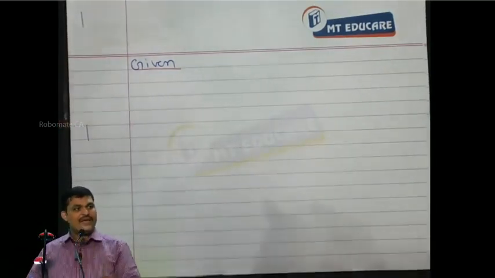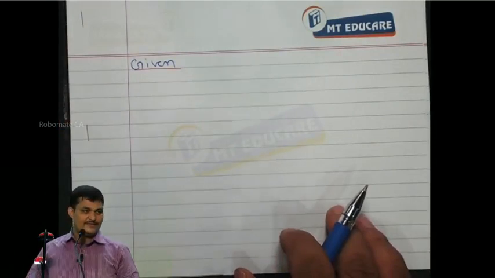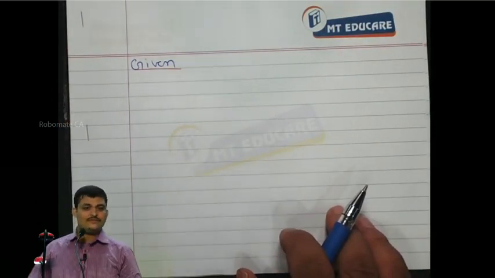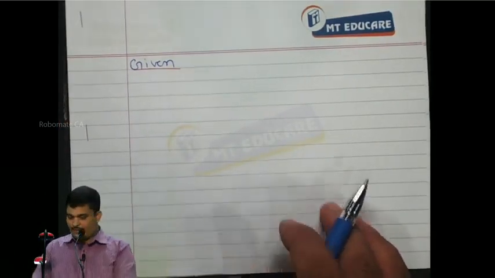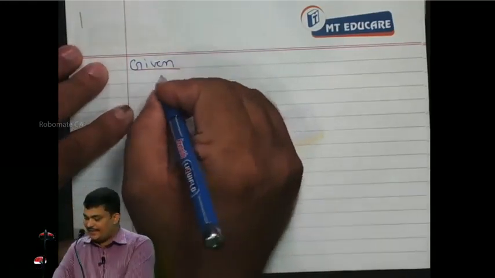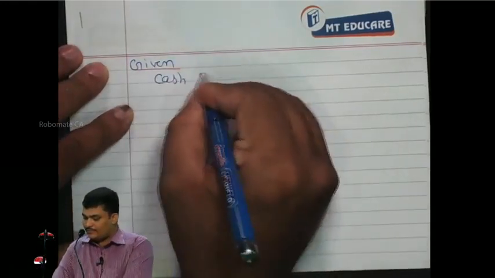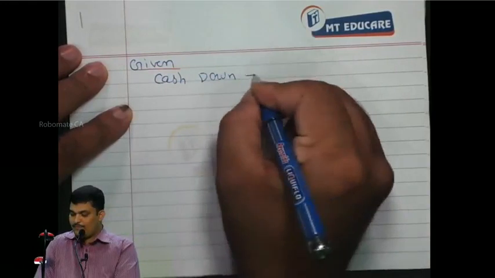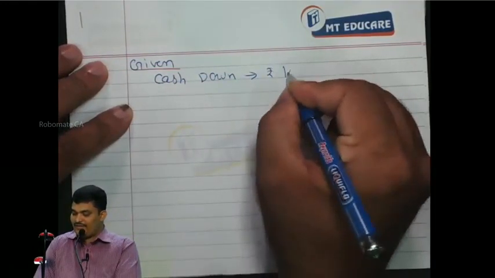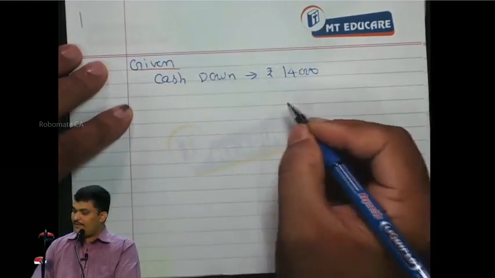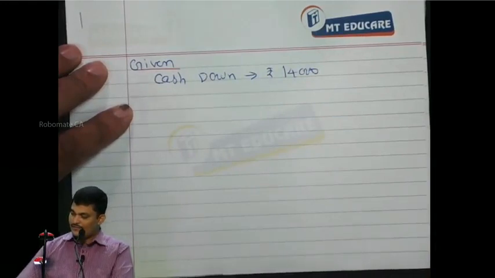Let's identify what all information is given. They have given cash down, rupees 14,000.